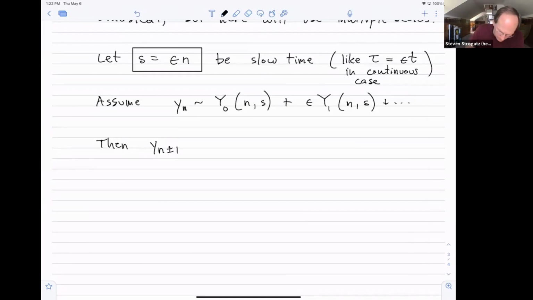Well, certainly, I could just copy and say that's going to be y0 at n±1, s plus epsilon y1 at n±1, s.